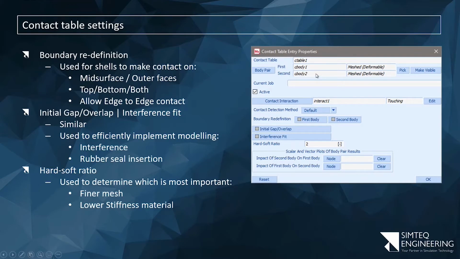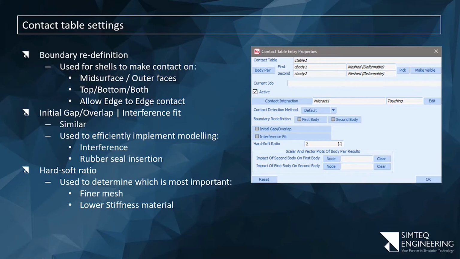If both of those were shells, and let's say in some parts of the model I want to make contact on the outside faces, and some I want to make contact on the mid faces, or I want to make contact on top on some faces but on bottom on others, this is where I redefine. I say for this specific body pair, take the first body and change the default settings.